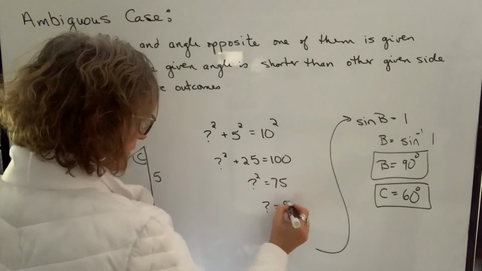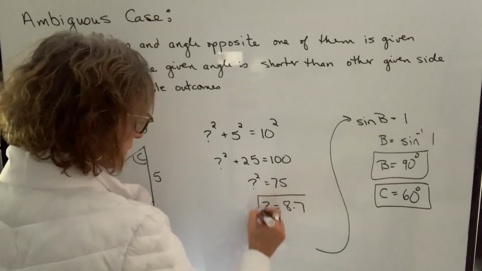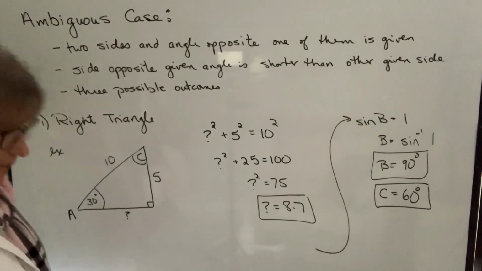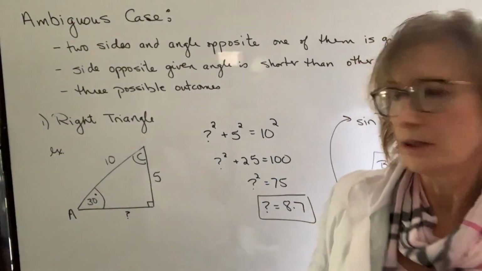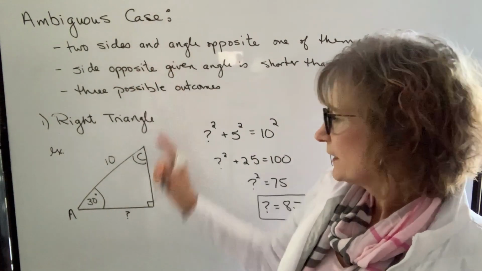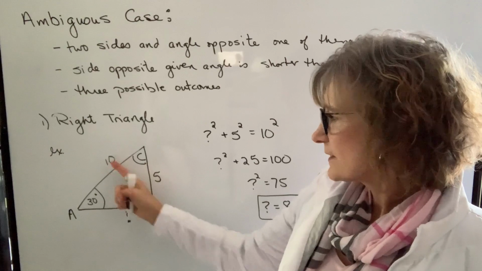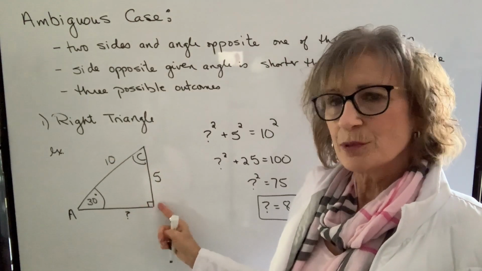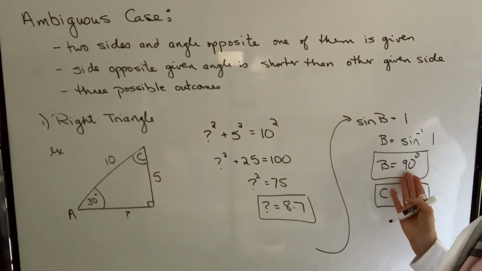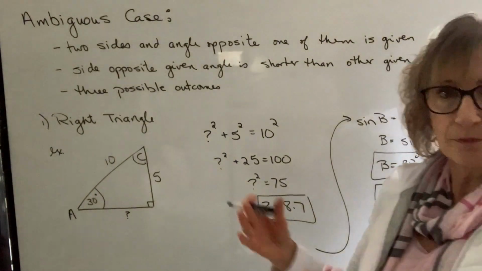I'll just round it off to 8.7. So I was still asked to solve all of these missing values, but be aware that when you have a situation like I explained, and this side is shorter than that side, one possibility is that it could be a right triangle, and you'll know that if you get a 90-degree angle for angle B when you use your law of sines.